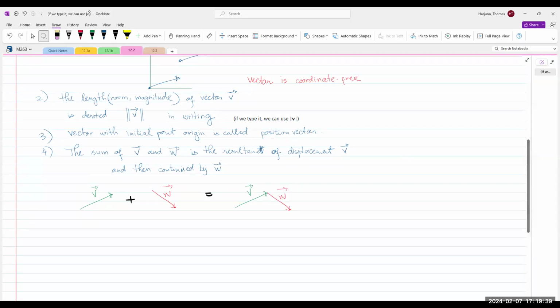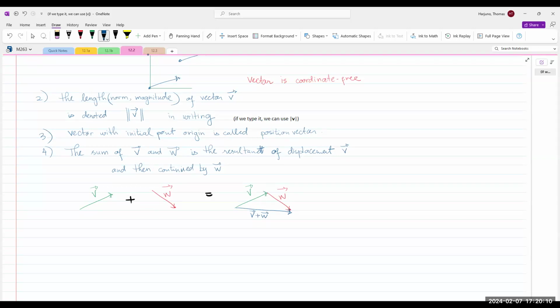Okay, now the resultant is this vector. This is v plus w.